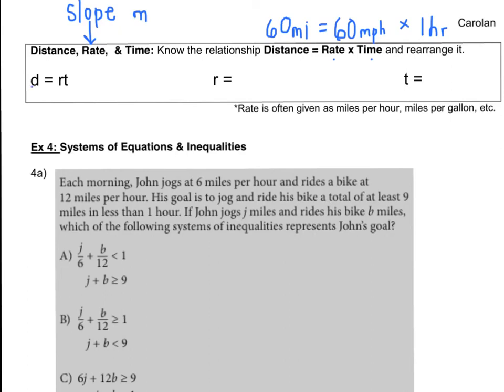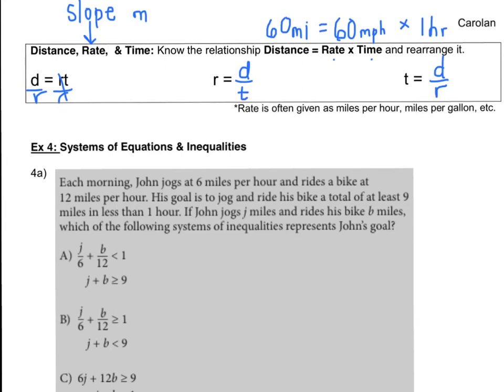We don't always want it solved for D. Sometimes we want it solved for R. To do that, we'll divide, because these are multiplied, we'll divide by T to cancel it out. So R equals D over T. Similarly, we can solve for T by getting rid of the R that it's multiplied by, and T equals D over R. So we will use these in this next problem.